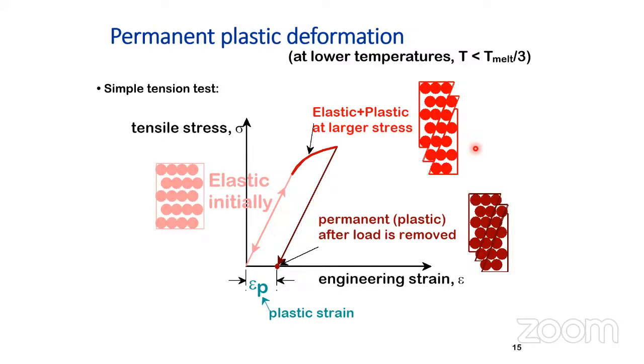What is permanent plastic deformation? If you stretch that similar kind of material again with some more force, your material will transfer to a permanent shape change. Its shape will get changed permanently. In that way, you get permanent plastic deformation of your polymeric material.